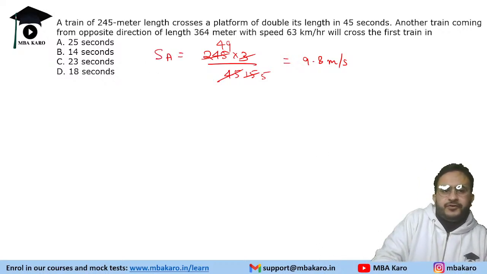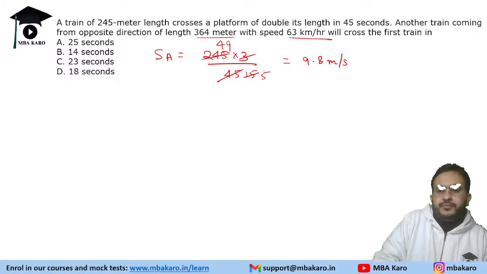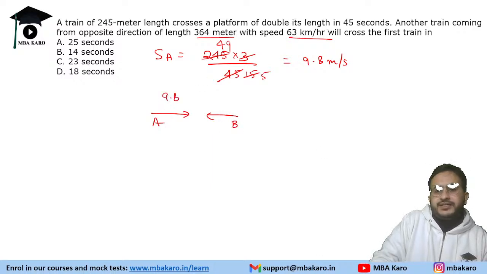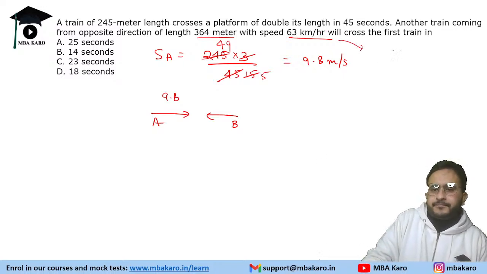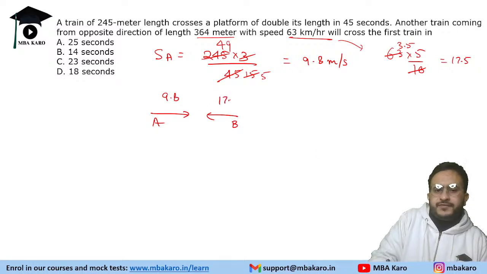Another train coming from the opposite direction, of length 364 meter with speed 63 kilometer per hour, will cross the first train. So when two trains are coming, train A and train B, the speed of A is 9.8 and the speed of B is 63 into 5 by 18, that is 17.5 meter per second.